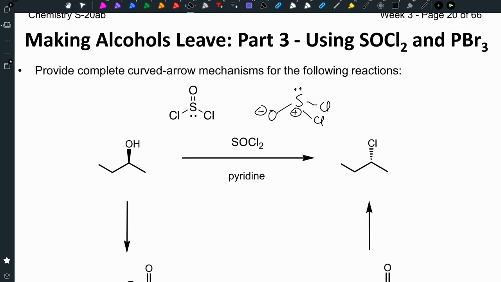The reason I don't like this drawing, which is the way you'll usually see it, is it implies that there's a sulfur-oxygen pi bond, which makes it seem like the LUMO of that molecule should be pi star SO. But there is no pi bond, so there is no pi star orbital. In fact, the LUMO of this molecule is sigma star SCl, and that's the orbital we're actually going to attack.